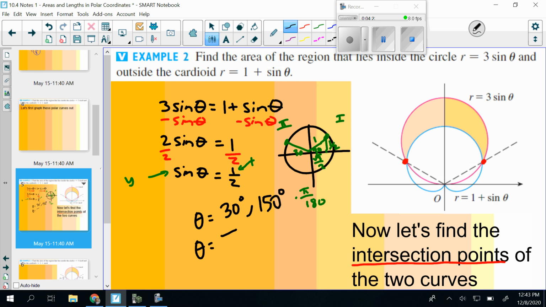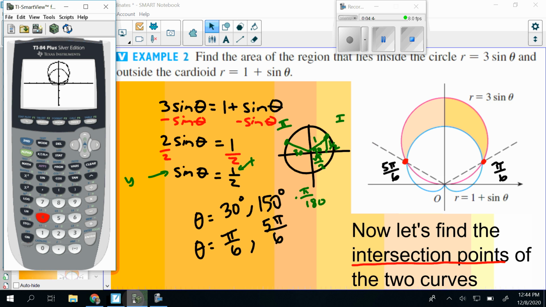This one would be pi over 6, and then 150 over 180 as a fraction would convert to 5 pi over 6. So those would be our two intersection points: pi over 6 and 5 pi over 6. The other way you could solve that would be with inverse. If you weren't sure from the unit circle, you could do inverse sine of 0.5.